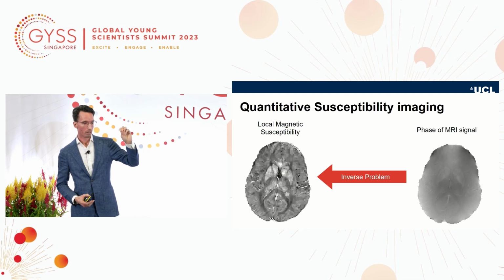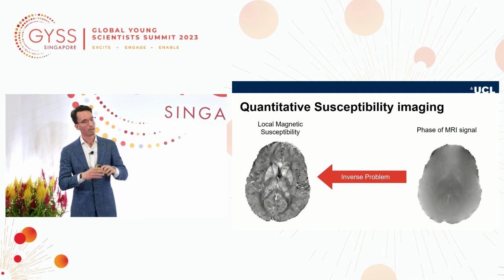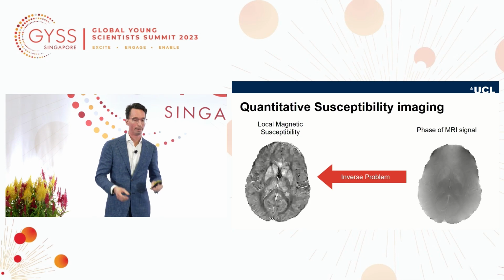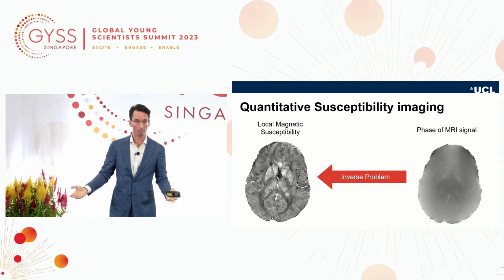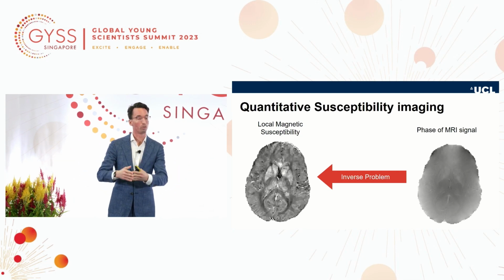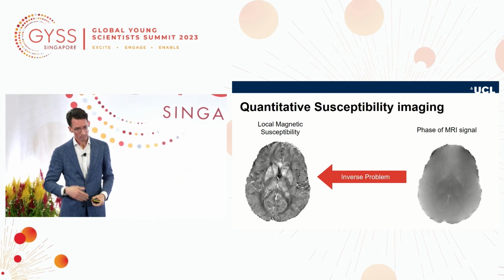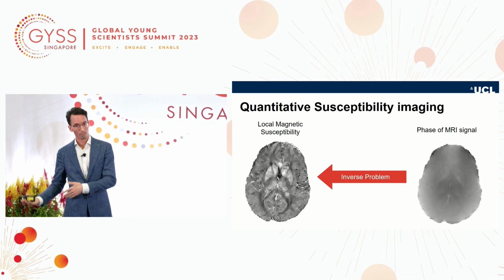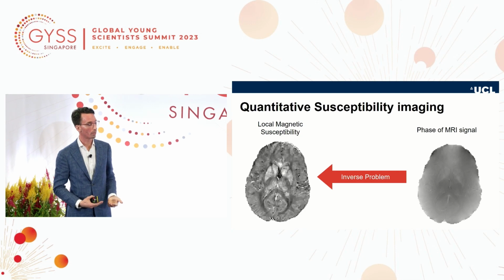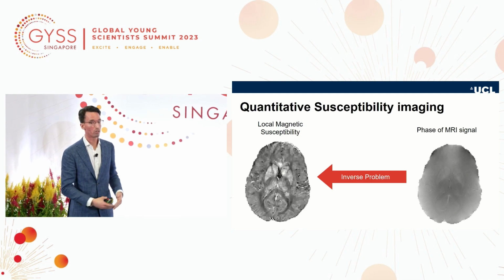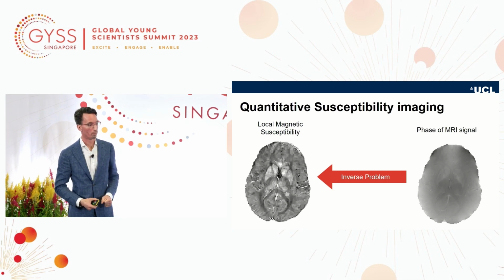That means every voxel contains the sum of all of these susceptibility sources, and every local susceptibility change induces a global change in field because it attracts the field towards it or pushes the field out. And the field we're measuring is the sum of all of these contributions. So in reconstructing the local susceptibilities, we have to disentangle these local changes from the global sum of them.